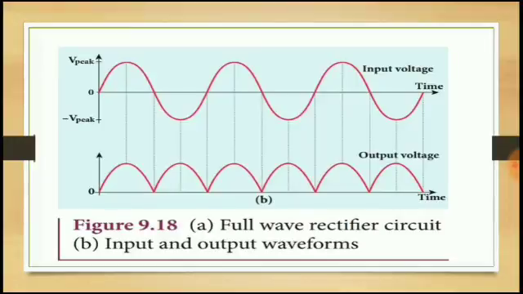In forward bias, the diode conducts current, so it gives the output. In the other cycle, the other diode is forward biased and the first is reversed. Due to this, the diodes conduct the current alternately, so it gives the output like this. Okay students.